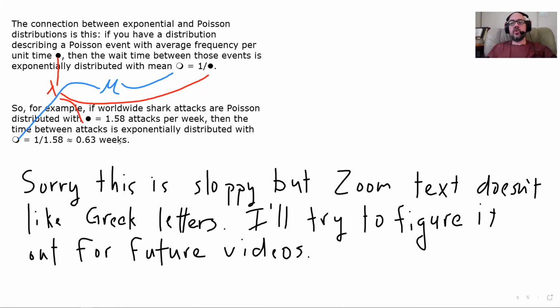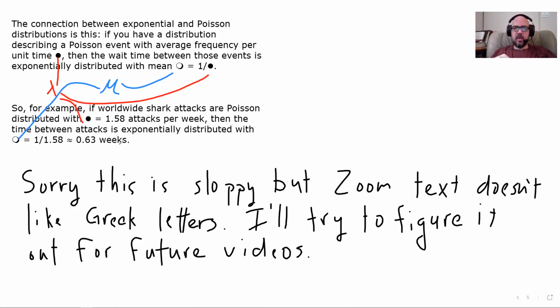So in other words, you should have a wait time between attacks of about 0.63 weeks, which you might say to yourself seems pretty obvious, right? Like if you have 82 attacks per year, for instance, then the average time between attacks is 1 over 82 years. And that is in fact pretty clear if you think about it for a second.